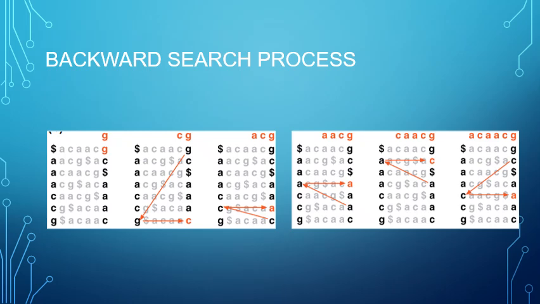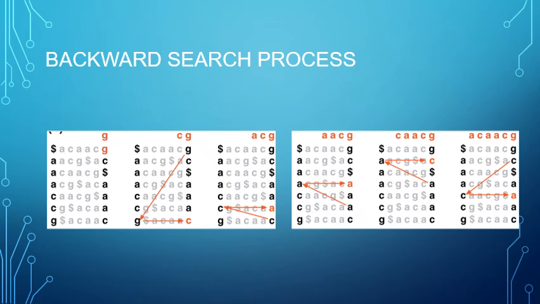From there, we see the equivalent character in the last column of the first G is C. So it means that the next character after G is C. And from there, from our first C in the last column, we will search our equivalency in the first column.